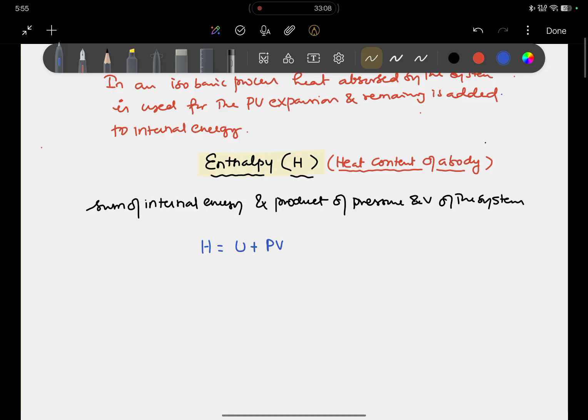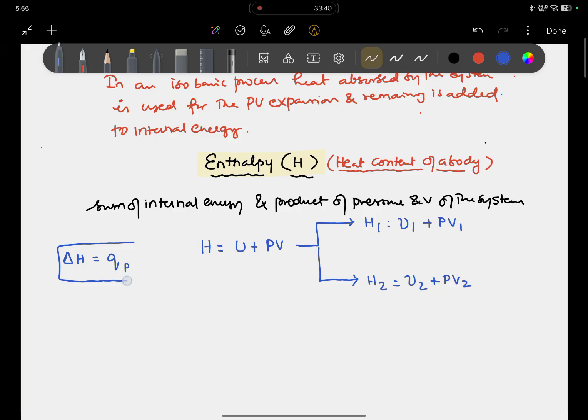So in this case, we will take two different systems. H1 is equal to U1 plus PV1, keeping the pressure constant. H2 is equal to U2 plus PV2. Since I am keeping the pressure constant, delta H is always nothing but heat at constant pressure.